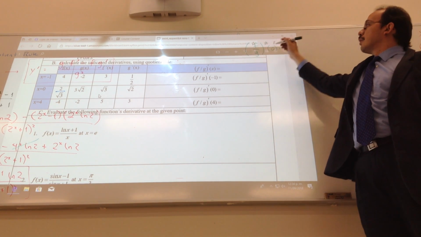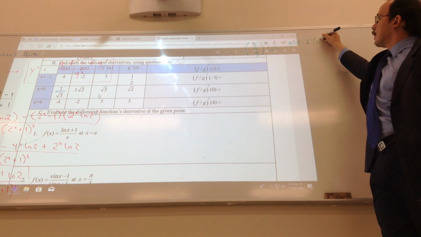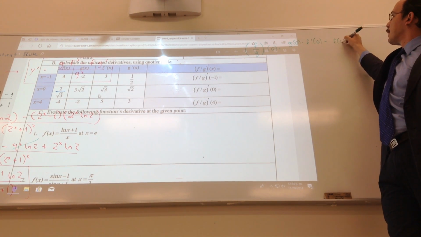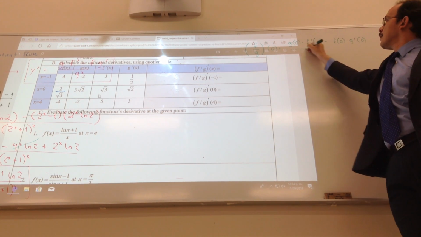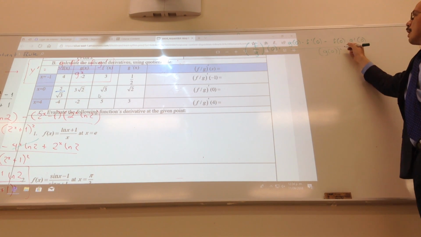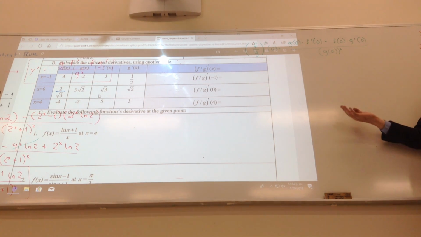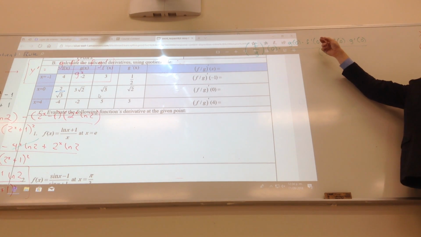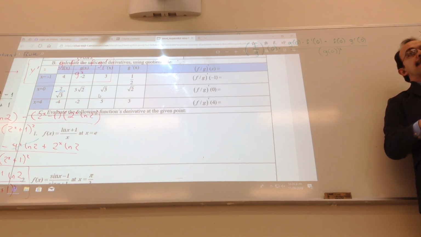Apply the formula. It's going to be g of 0 times f prime of 0 minus f of 0 and g prime of 0, divided by g of 0 to the square. Now, before you ask, no, the answer is not 0. Because it's not the derivative of 0. No, it's a derivative evaluated at 0. Which is different.